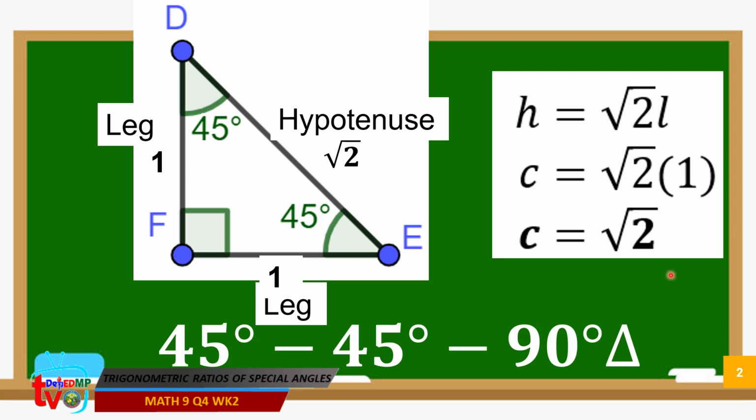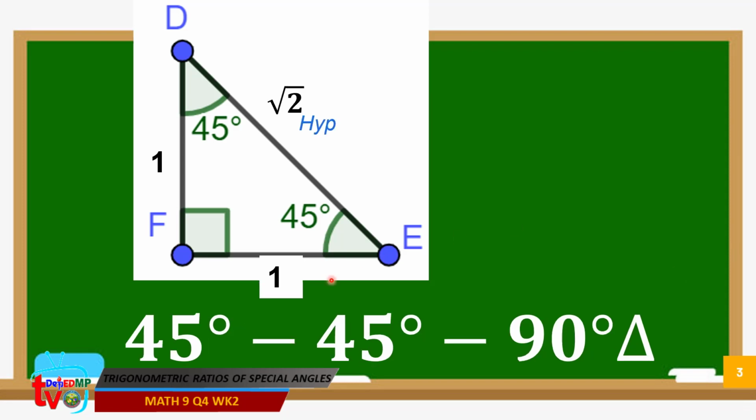Now keep this in mind and let us study the primary trigonometric ratios of a 45-degree angle. In this triangle, our hypotenuse is the side opposite our 90-degree angle, which is line segment DE. This is our hypotenuse.